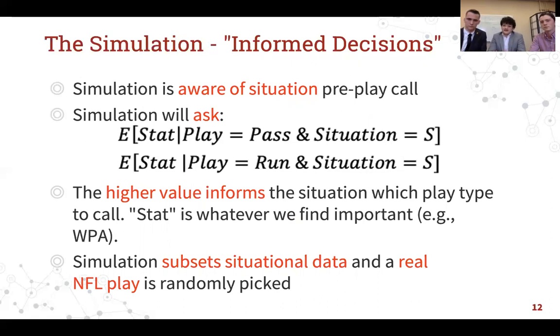It compares that to the expected value given that the play call is a run. The initial method we used was a deterministic method. Even if the pass value was only marginally better than the run value, it would pass 100% of the time. That was our naive first pass at a play calling logic method, but we got a little more complicated as we continued.